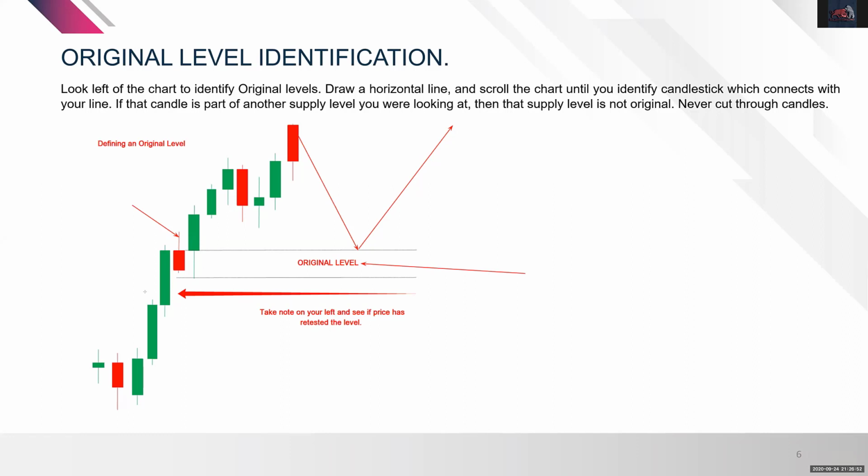If market is going to the downside, it means you've got a series of bearish candles, but in between you get one bullish candle. That candle is going to define a new original level. So this is an illustration of an original level to the upside, meaning this is a demand area.